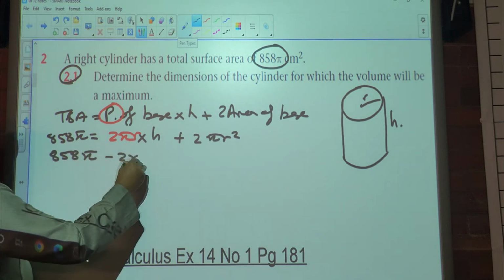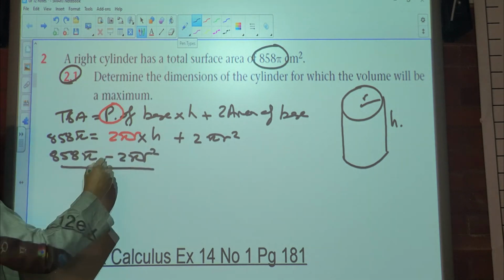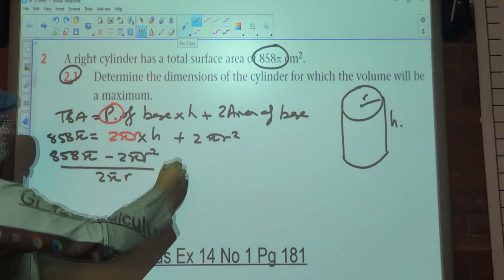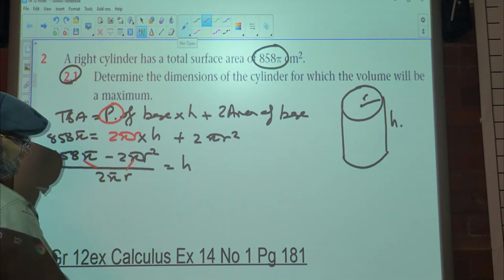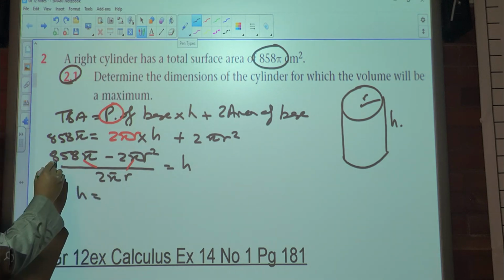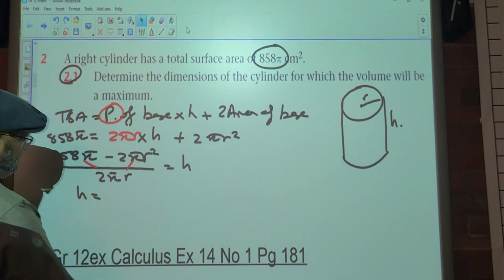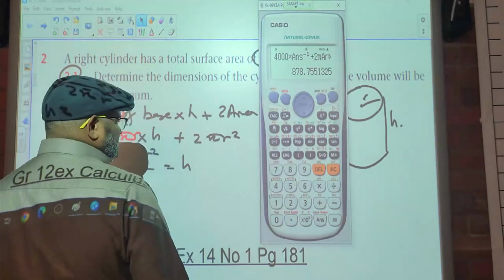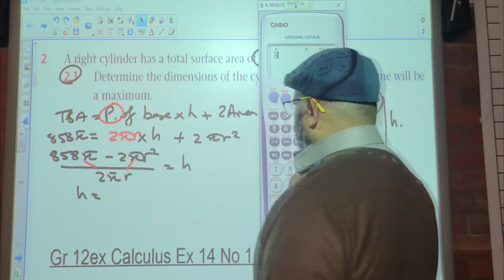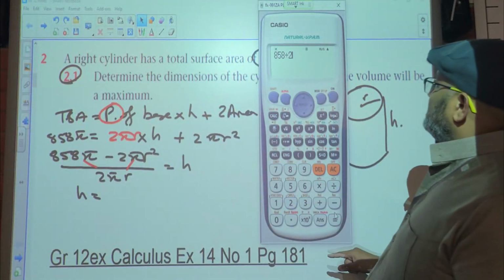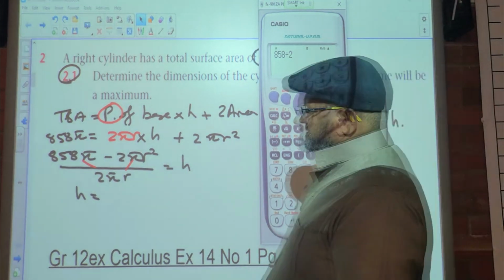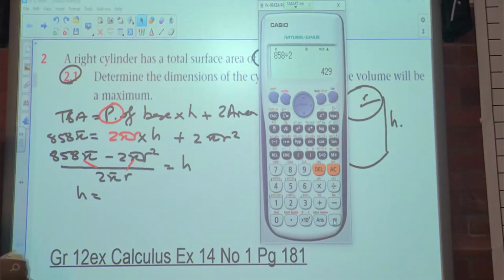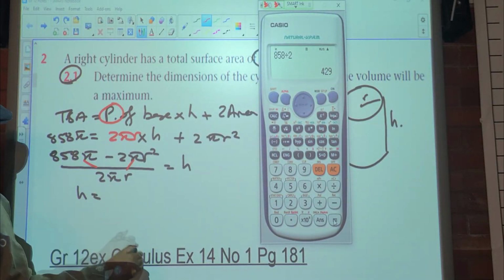So it's 858 pi minus 2 pi r squared over 2 pi r. That's your height. So h is equal to 858 over 2, which gives you 429.